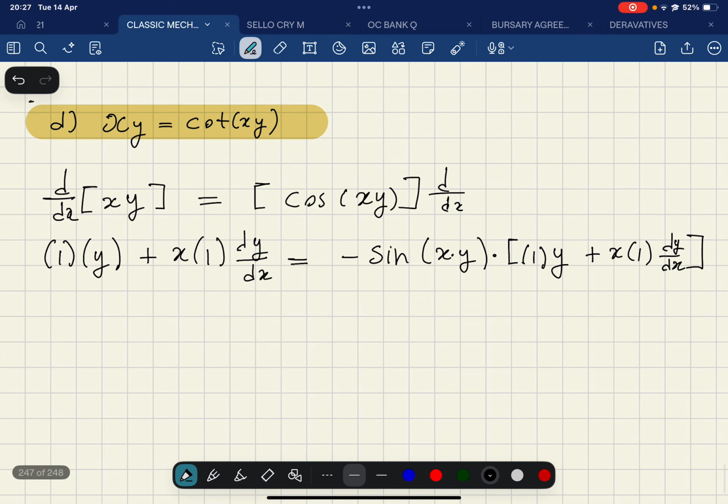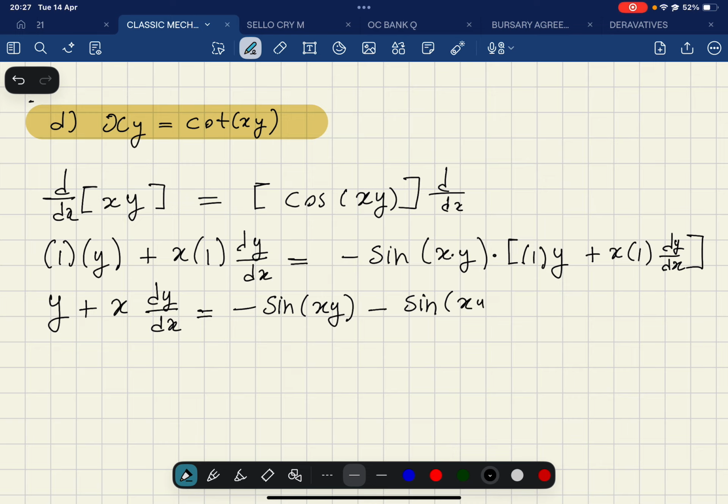From there I am left with y plus x dy over dx, which is equal to, when I multiply the bracket, negative sine xy, then negative sine xy multiplied by x dy over dx.